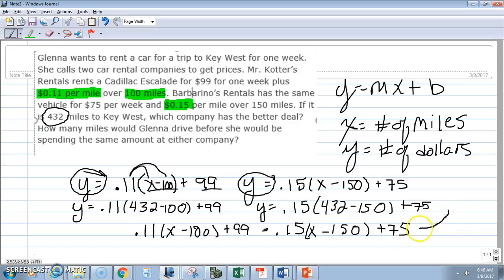Okay, and if you solve this equation, it's going to take a few steps. But if you solve this equation for x, you will get the number of miles where they're the same.